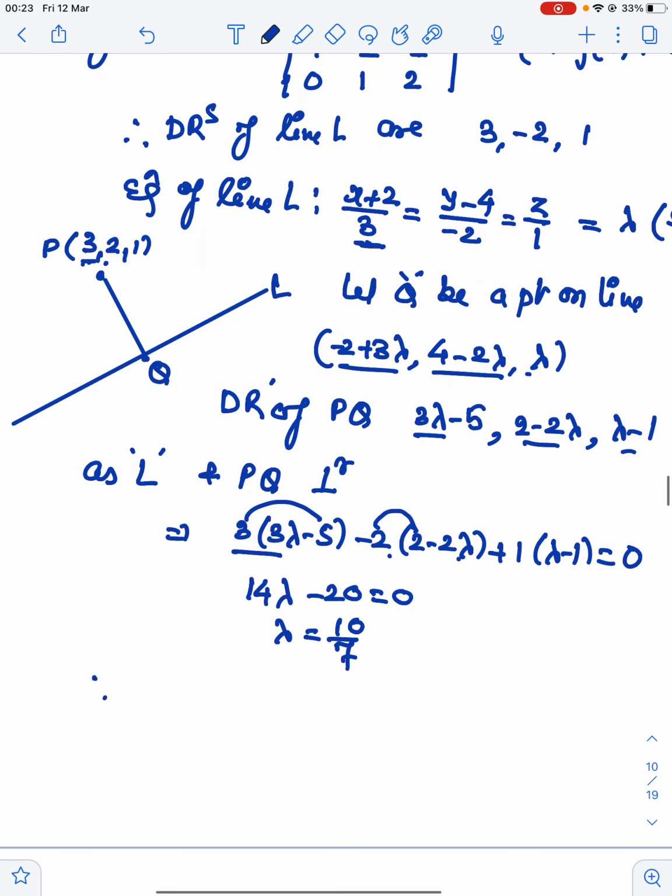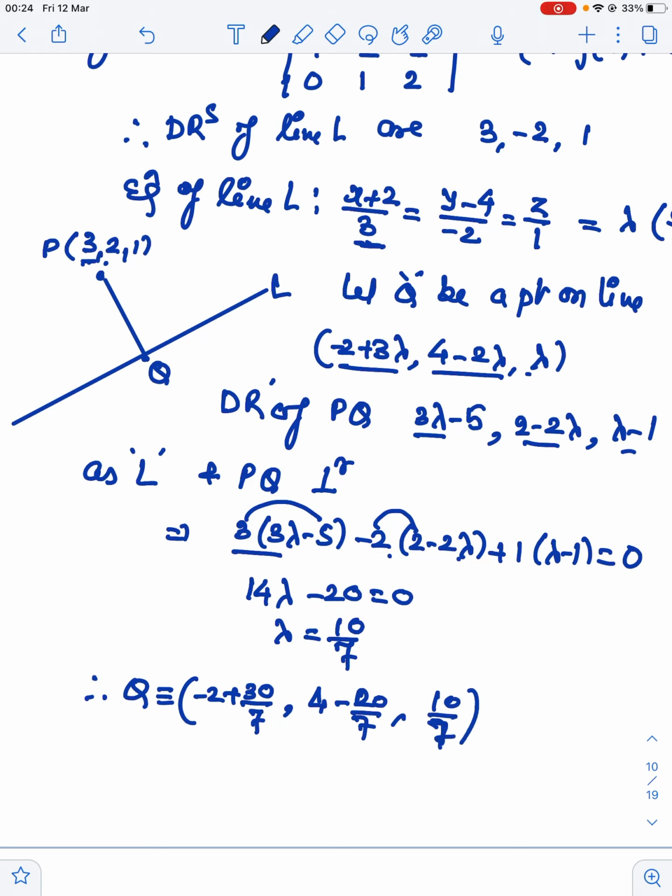Once you get lambda, we can directly get the point Q, which is minus 2 plus 30 by 7, 4 minus 20 by 7, and 10 by 7.